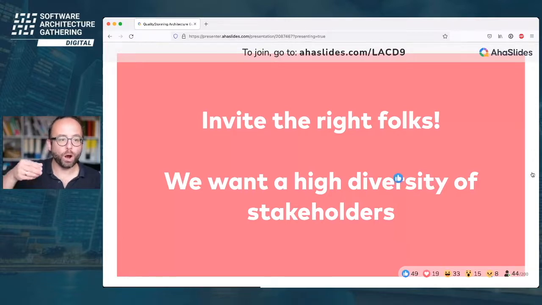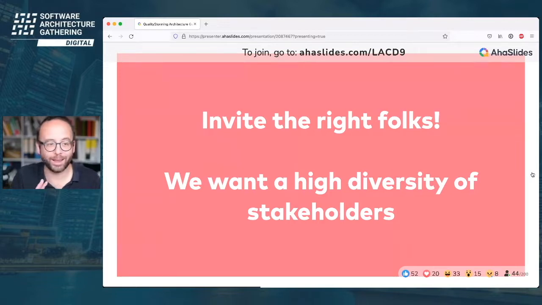Have a list of who are drivers for your architecture. It's not just the requirements engineers or the end users. Yes, they are important, but you will also have project sponsors that give you the money, that pay you. You will have folks from operations that give you certain boundaries and restrictions for your architecture.